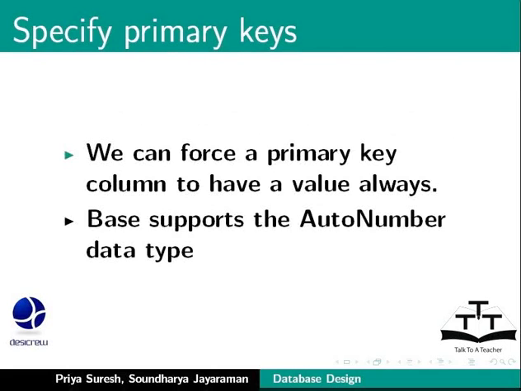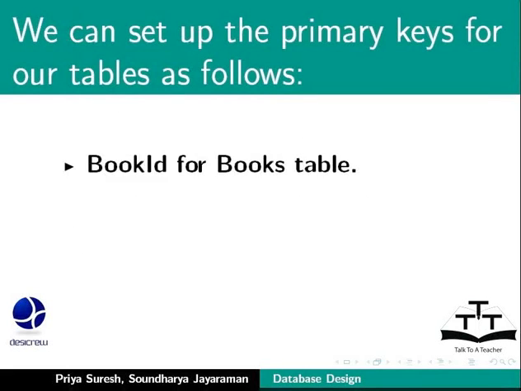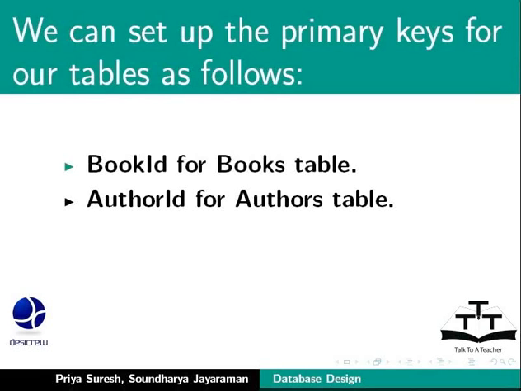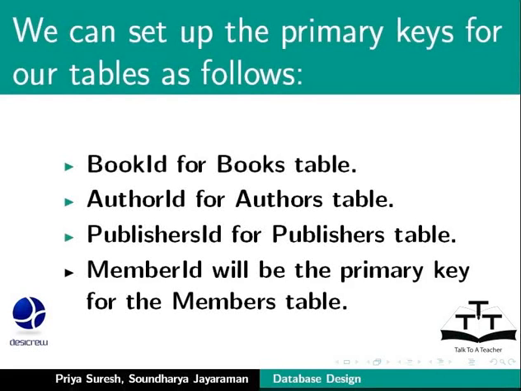As shown in the image on the screen, we can set up the primary keys for our tables as follows: book ID for books table, author ID for authors table, publishers ID for publishers table. Similarly, though not shown here, member ID will be the primary key for the members table.